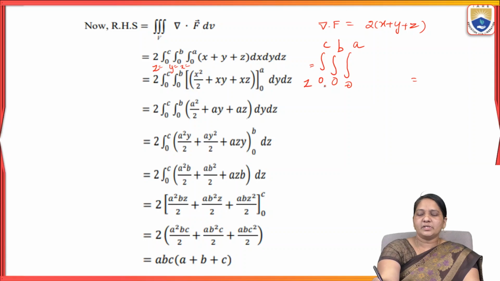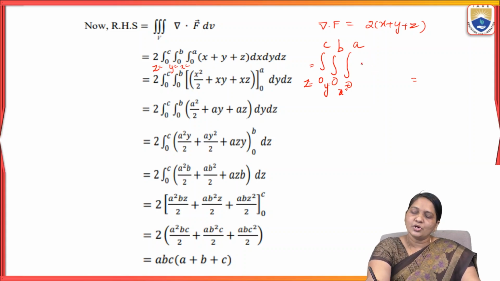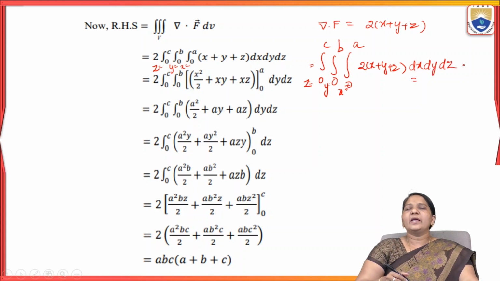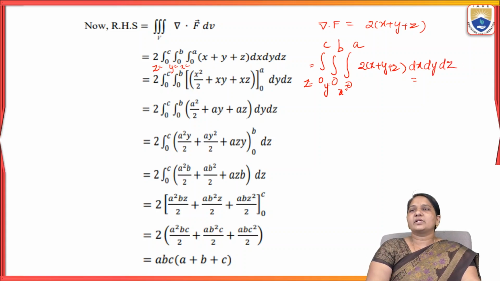These are the z limits, y limits, x limits. Into the del dot F value, 2 into (x plus y plus z), dx dy dz.